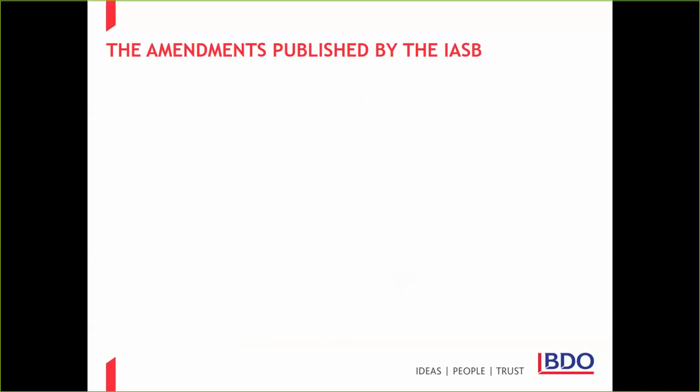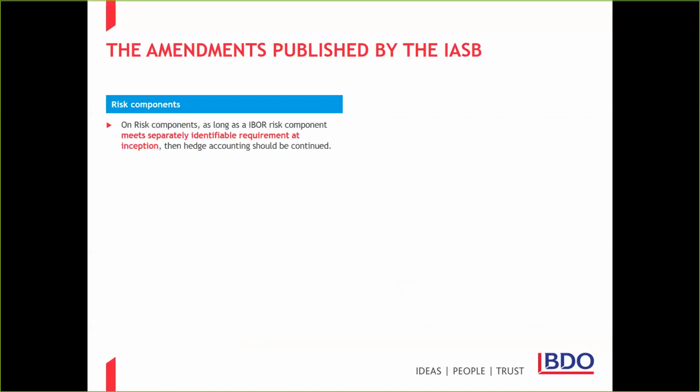In relation to the other hedge accounting areas that have been amended, on risk components, one is typically required to assess whether this is separately identifiable on an ongoing basis, but with the amendments, one only does this at initial designation for components that are based on interbank offered rates.